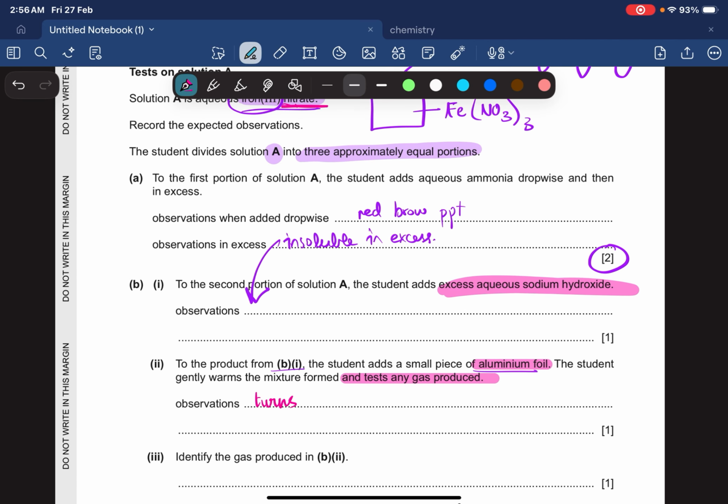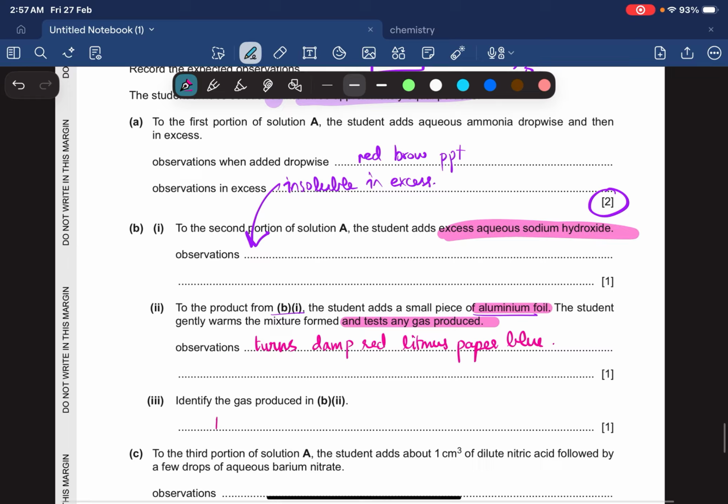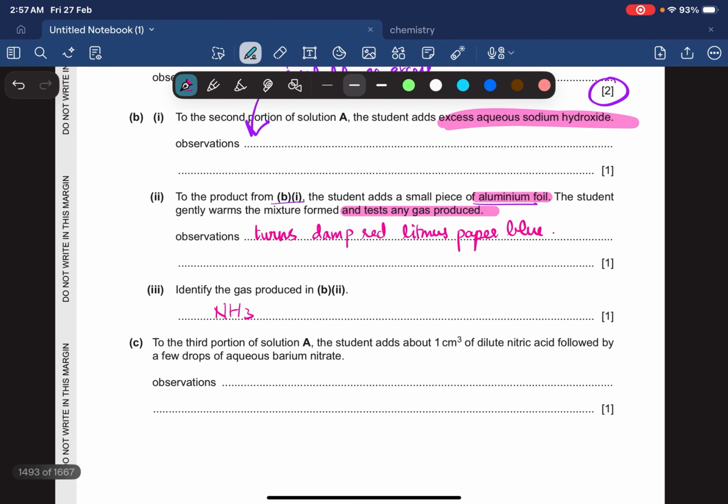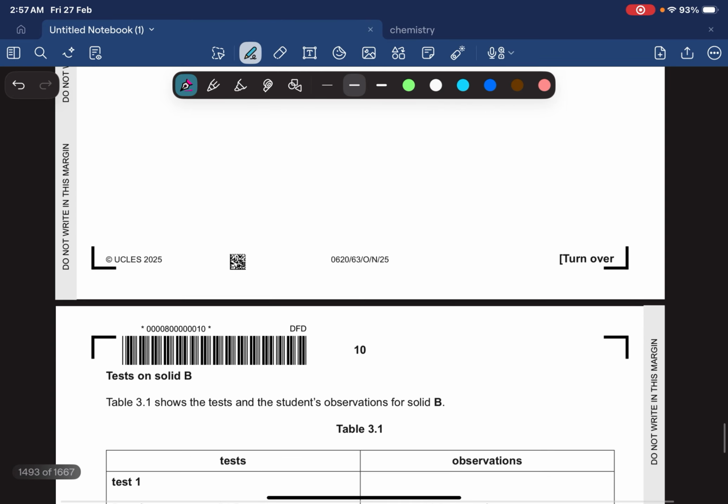Turns damp red litmus paper blue. Just copy it from below. Identify the gas produced: ammonia gas. To the third portion, the student adds 1 cm cube of dilute nitric acid followed by drop-wise barium nitrate. Observation: no change, because that's the test for sulfate and we don't have any sulfate here.